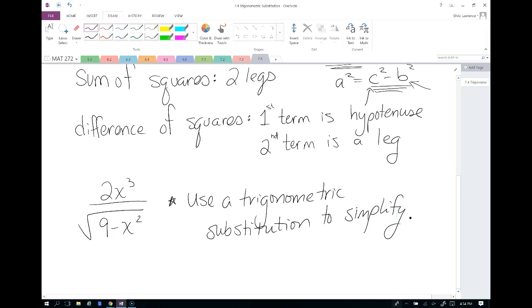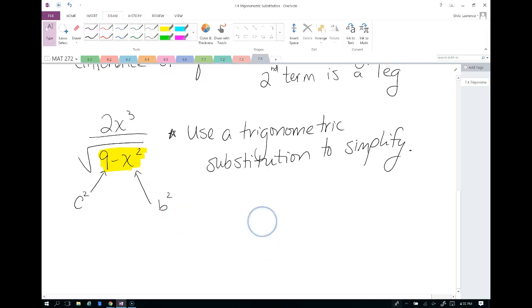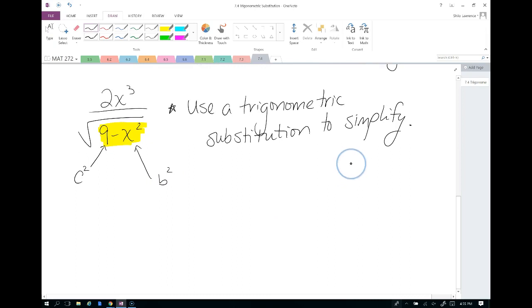When I first look at a problem like this, especially for an integration problem, I would know that I need to try trig substitution if I see a sum or difference of squares in my integrand. And because we have a difference of squares here, I know from what we just said that that first piece has got to be c squared and the second piece has to be b squared. And I'm going to draw a triangle that matches that. If c squared is 9, that means c is going to be 3.